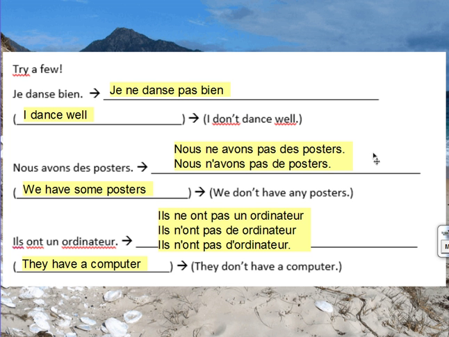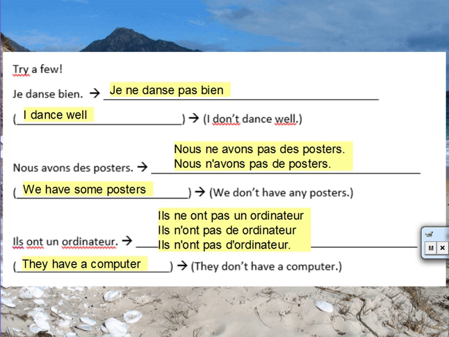It's close, but it's not exactly right. In order to get it perfect, you have to remember that if a ne is in front of a word that starts with a vowel, it becomes an apostrophe. And you have to remember that pas can never be followed by the words un, une, or des. It always becomes de. The actual correct way to say we don't have any posters is nous n'avons pas de posters.